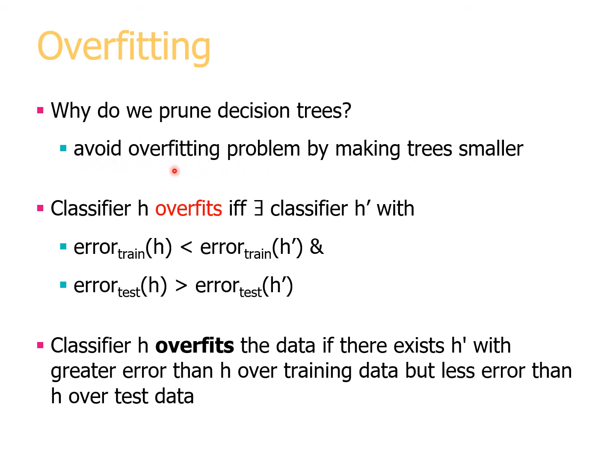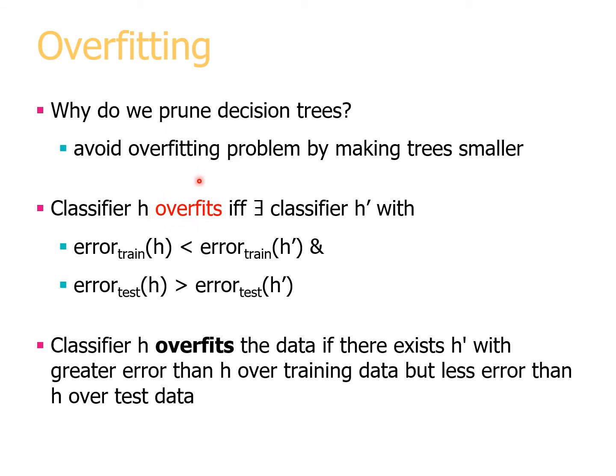So what is the overfitting problem? Overfitting is a very famous, well-known problem in machine learning in general. I'm going to cover this overfitting issue in a separate chapter. But for now, I'm going to give you a very short introduction to overfitting.